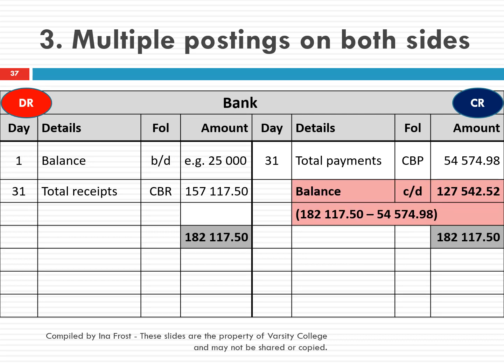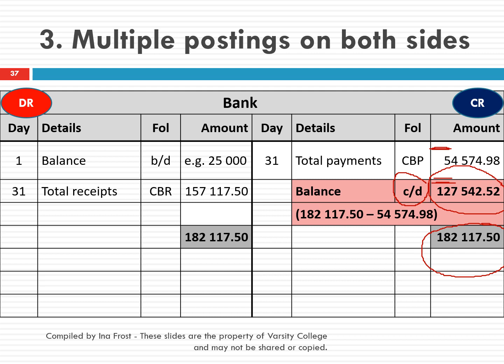Then I take my total that I've now calculated and I subtract from it the entries on the credit side. And that then gives us the balance. Okay, so to calculate the balance, I take my total. So I take the total from the bigger side and I subtract from it the smaller side, and that then gives me this balancing number, and I refer to that as the balance CD, or the balance carry down.